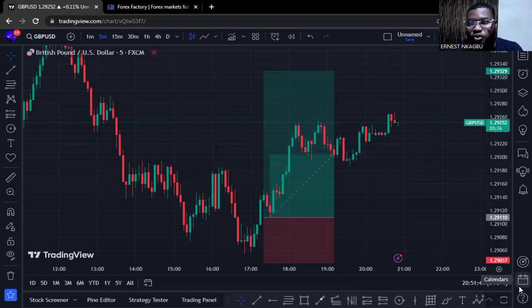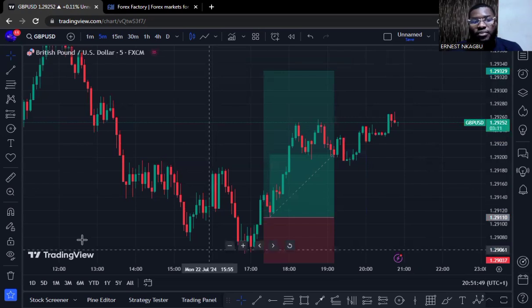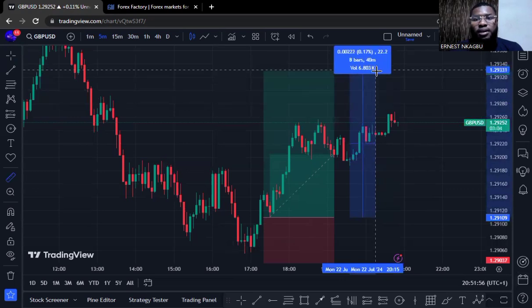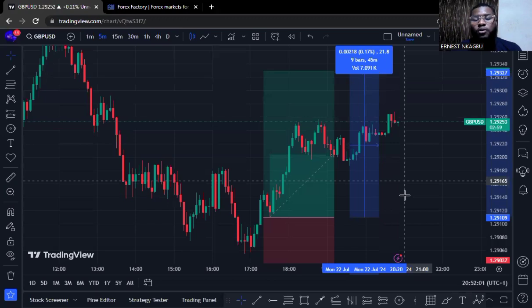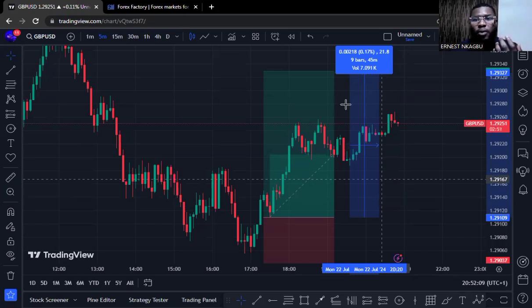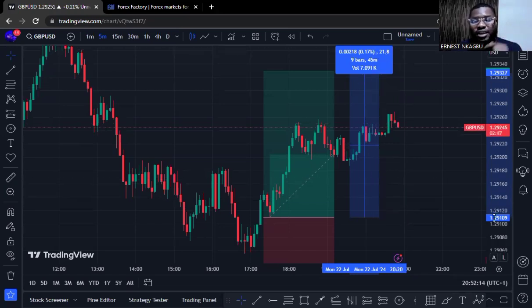So when you minus 32 minus 11, you're going to be getting that 21 point something. 21 point what? 21 point around 8 or so. So we are making 21.8 or so. So this is how we use an instrument called measurements in TradingView to calculate how many pips we are actually making. The manual method is that you minus your entry from your take profit. You understand? So that is it.